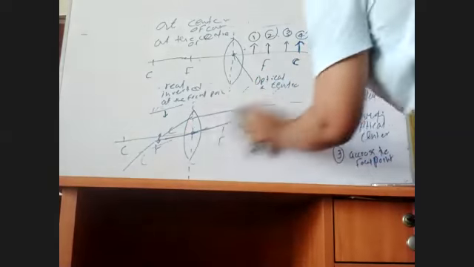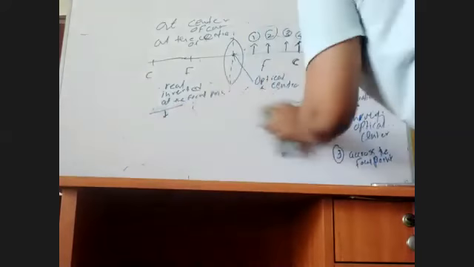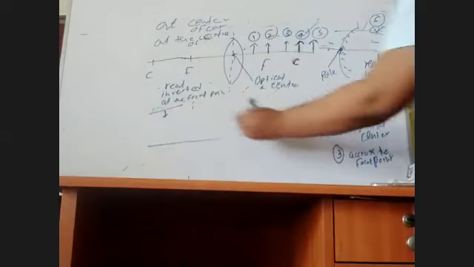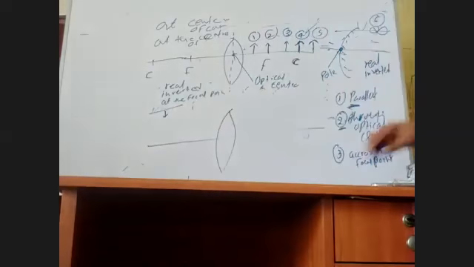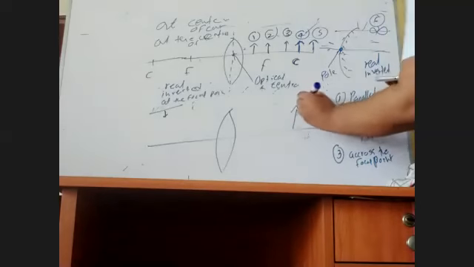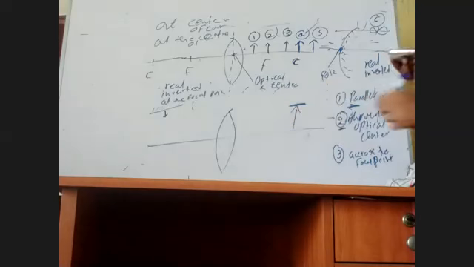I'm going to erase this one because now Shalon has drawn it like this. Nitesh, you have made a mistake. I always tell you that when a ray is passing, it should touch the tip of the object.